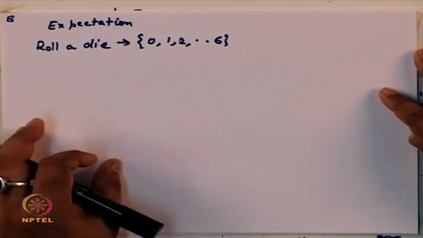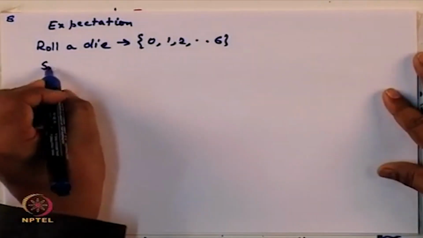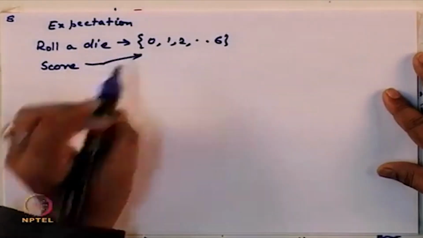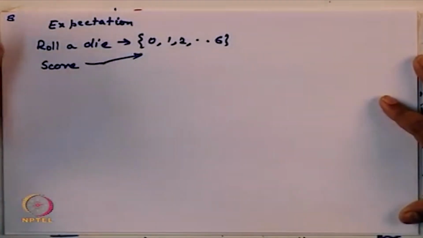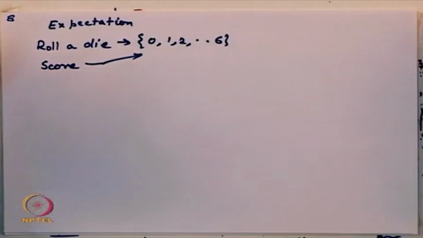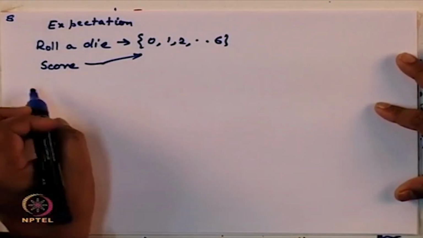Let us say your score is equal to whatever value you get. Roll of a die gives you the score. And you are asked to compute, on an average, how much do you expect to score. And that brings us to the concept of expectation.